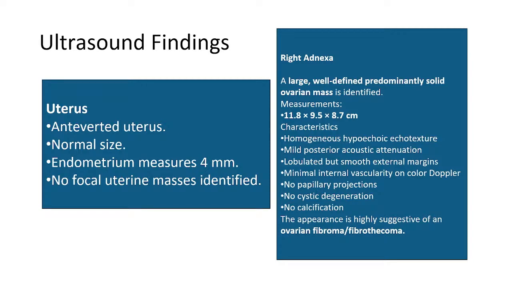Characteristics: homogeneous, hypoechoic echotexture, mild posterior acoustic attenuation, lobulated but smooth external margins, minimal internal vascularity on color Doppler, no papillary projections, no cystic degeneration, no calcification. The appearance is highly suggestive of an ovarian fibroma or fibrothecoma.